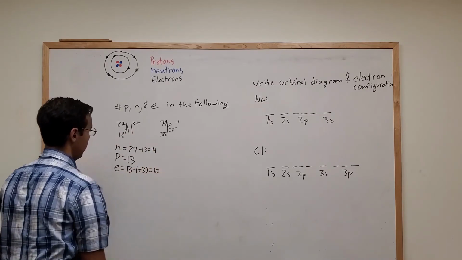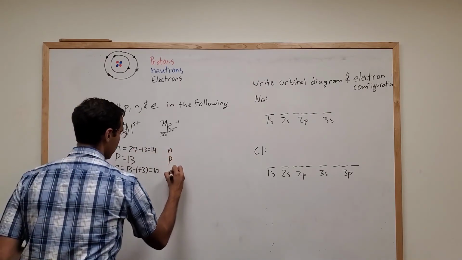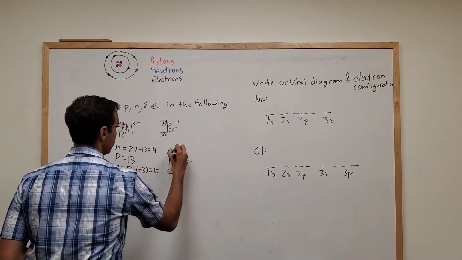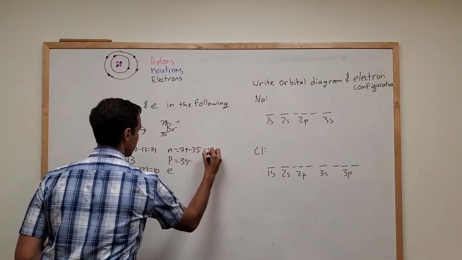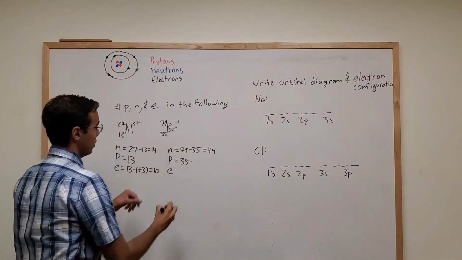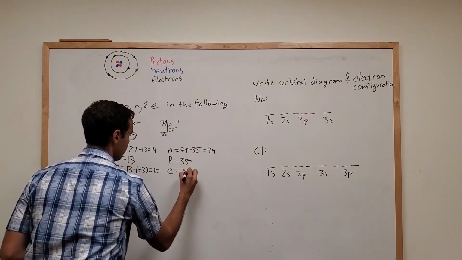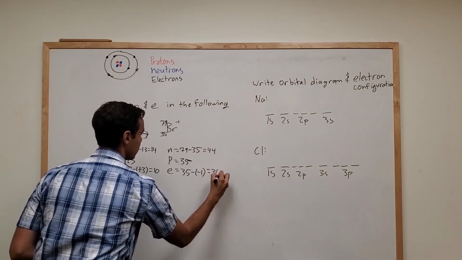Similarly for bromine, protons is 35. Neutrons. And then our electrons is going to be 35 minus a negative 1. So there's 36 electrons.